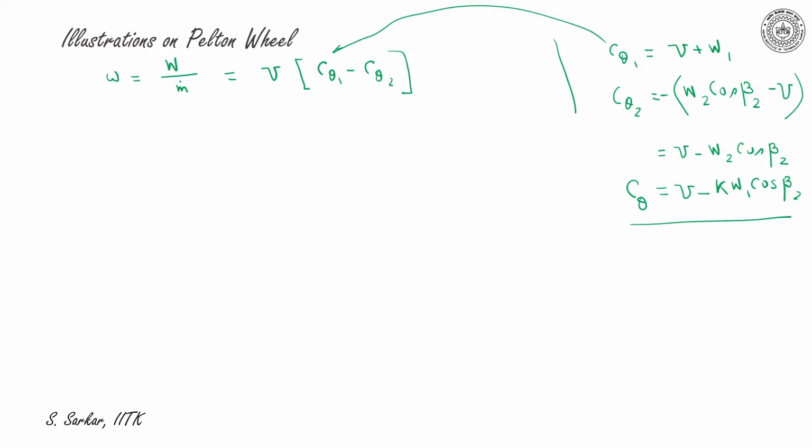So after putting the value of C theta 1 and C theta 2 in this expression, I get small w is equal to 1 plus K cos beta 2. I have taken W1 as common into U.